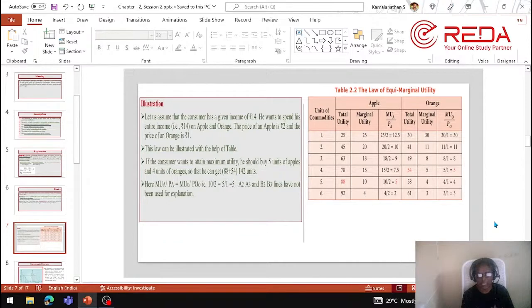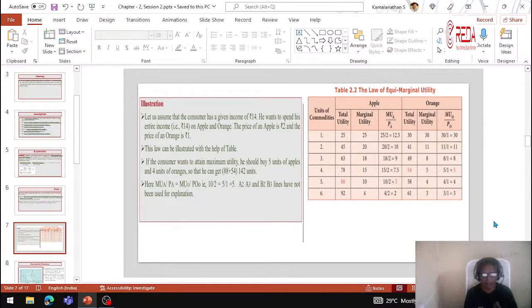Okay, only 6 levels we are going to see. Then you take the apple. So in consuming the apple, what will be the total utility and marginal utility? You see the total utility, what is it? It is a fixed measurable point given by the author.